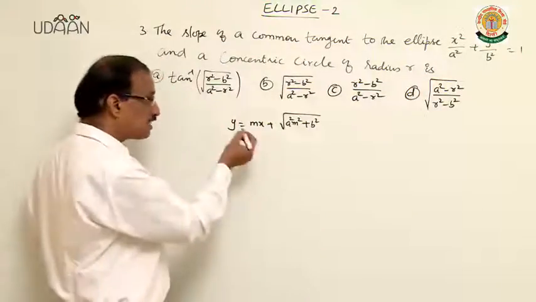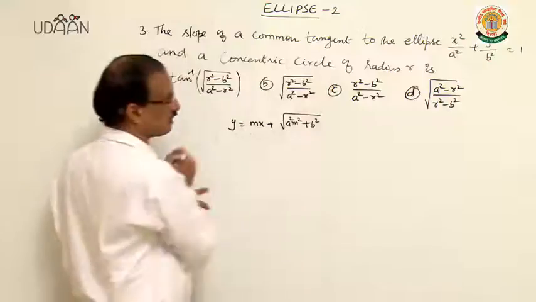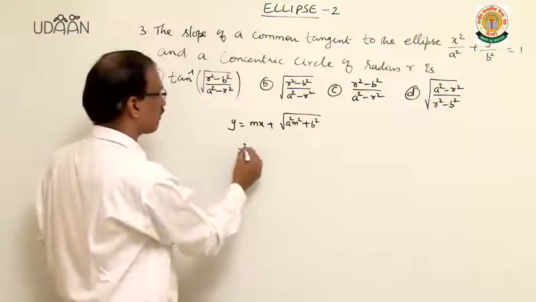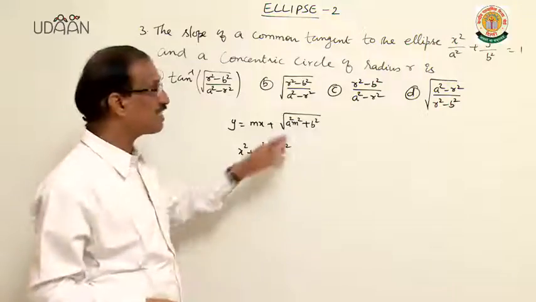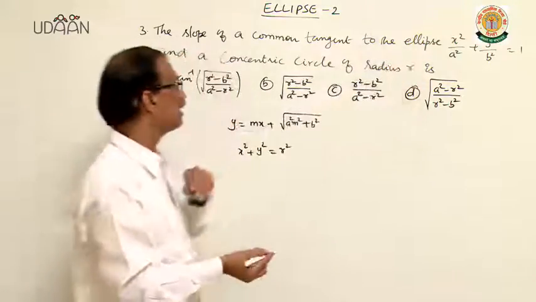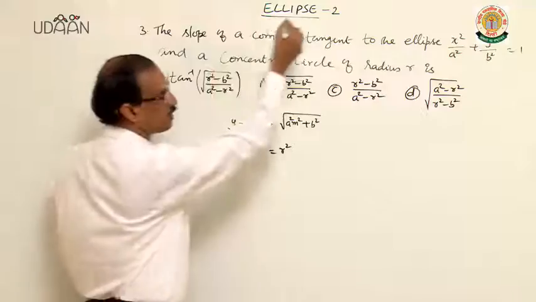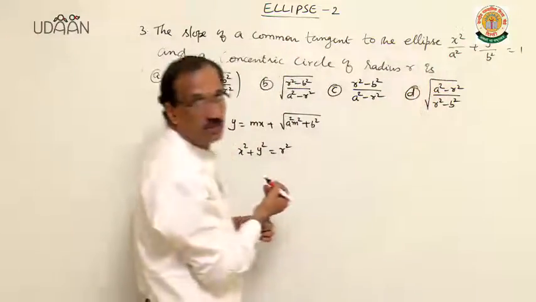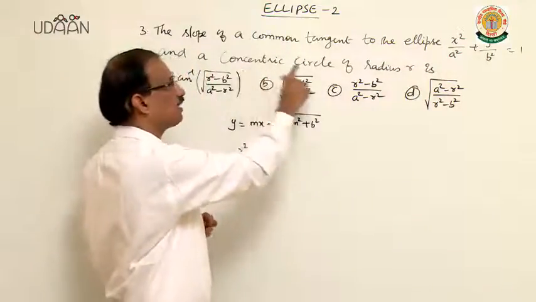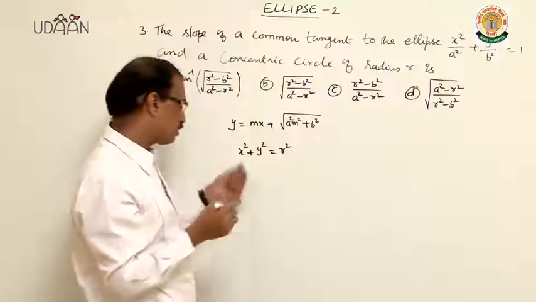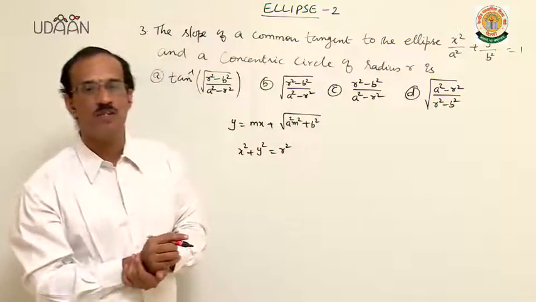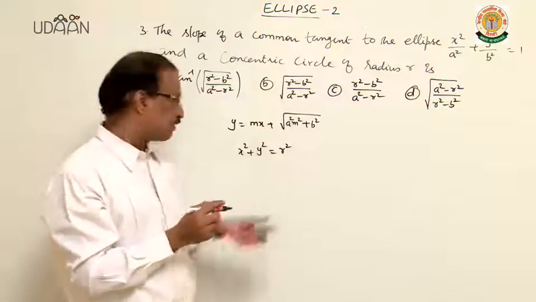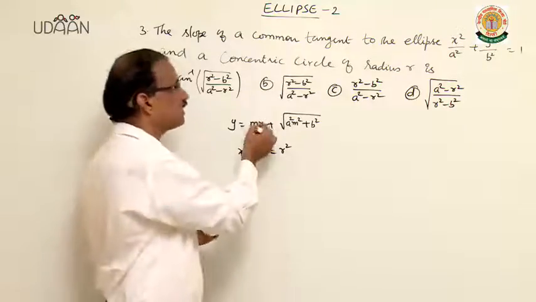Now this is a tangent to the circle x square plus y square equal to r square, because they say it is concentric with the ellipse. Concentric means its center is (0, 0). So the same center you will get for this circle also. So x square plus y square equal to r square is the equation of the circle, and for this circle also this is a tangent.